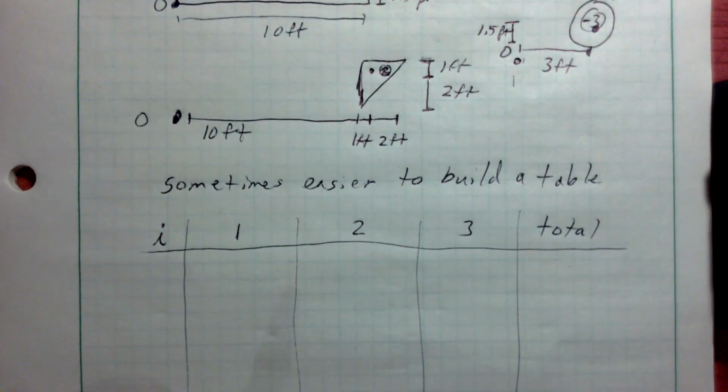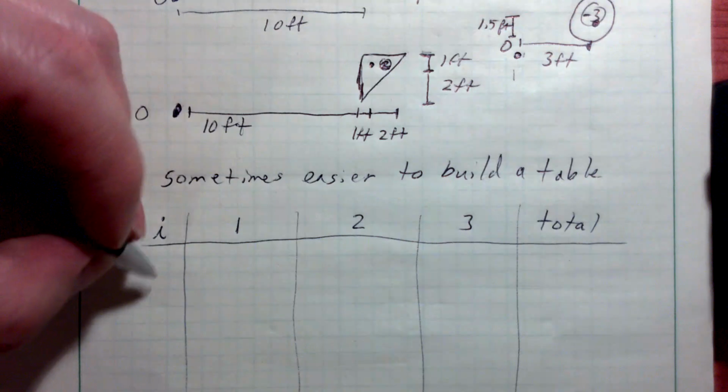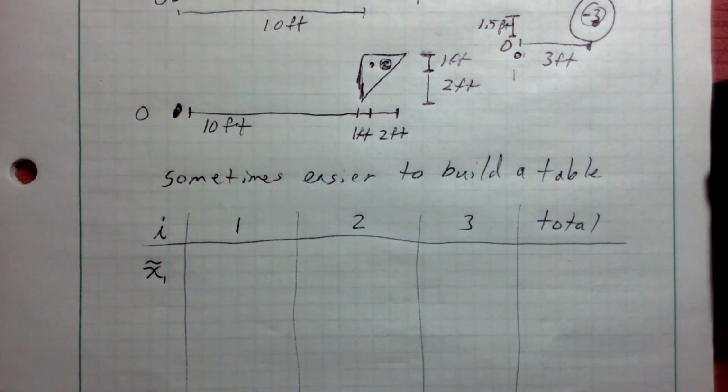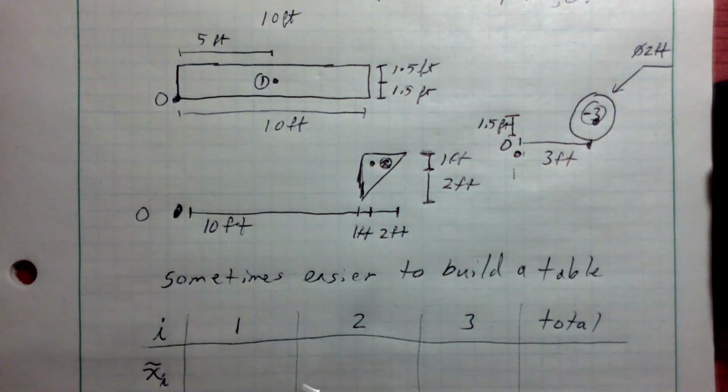So for each one of these, I need to find its x location, the location of its x center. You don't have to use my exact format of a table, but a lot of people do tend to find it helpful. So if you find it helpful, please feel free to use it.